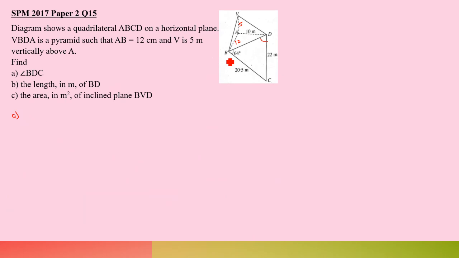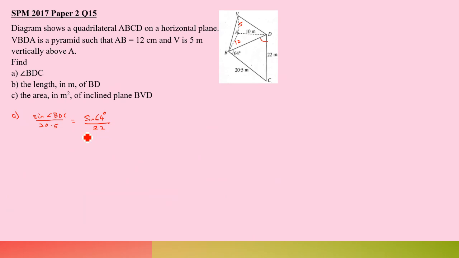We have the opposite here, so you have sine angle BDC, the opposite to it is 20.5, equals to sine 64, and the length opposite to it is 22.